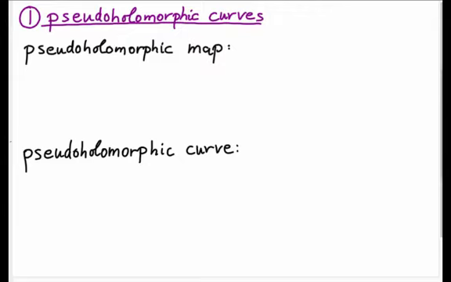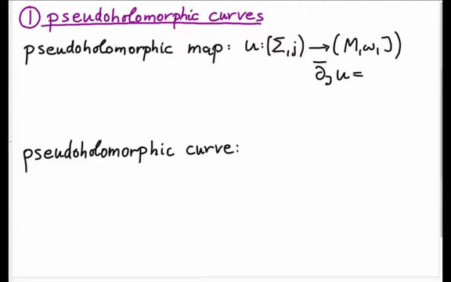So the pseudoholomorphic map is going to be a map where we have all the structure around that we fixed before. Mainly, it's a map from Sigma to M, and I'm just going to keep track of my extra structures. And it's pseudoholomorphic if the Cauchy-Riemann operator is 0.